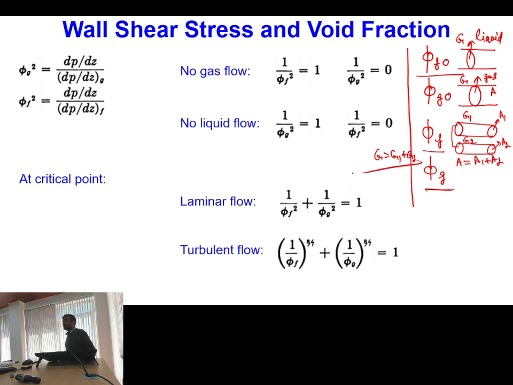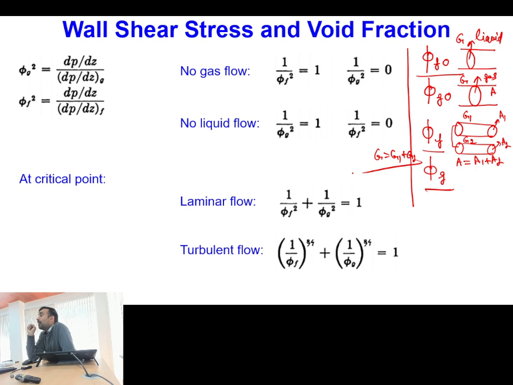Is this point clear? So what I am considering is that when I am using simply phi f as my multiplier, the meaning of that is that in the total pipe I have identified how much area of the pipe is actually occupied by phase 1, and corresponding to that area I allow phase 1 to flow separately, and if for that particular portion I calculate the pressure drop dP by dZ for this phase, and multiply it with phi f square, then I will get the two-phase pressure drop.